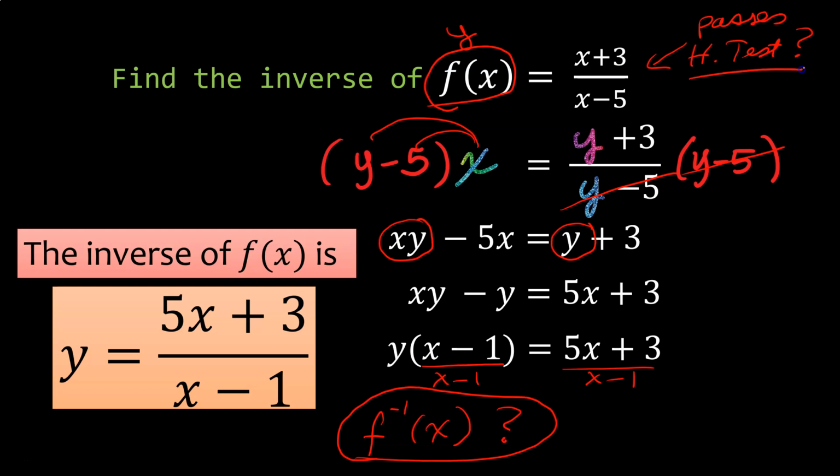Does it? We don't know. I don't know how that graph looked. So let's be safe and just say the inverse is y equals (5x plus 3) over (x minus 1). And we confirm or deny that later in the next unit.